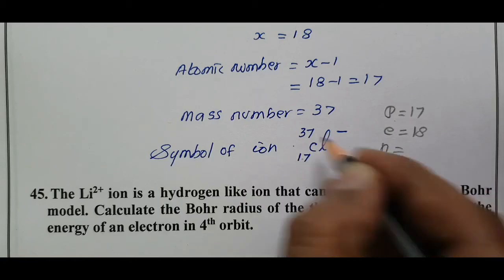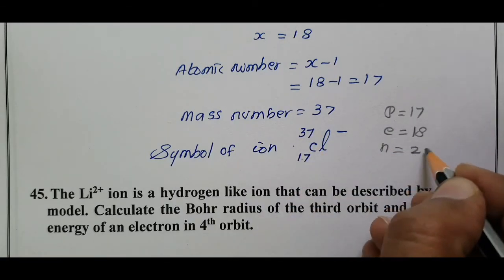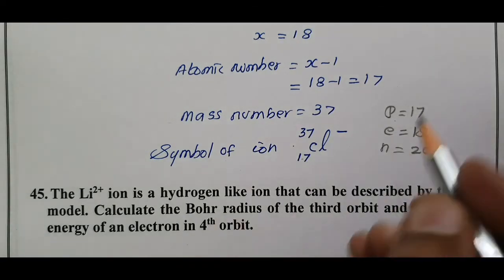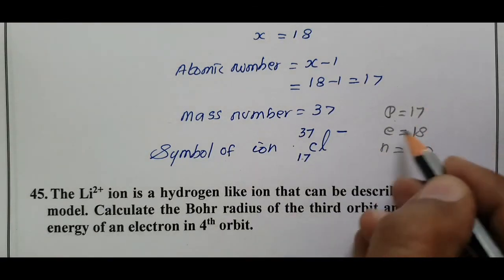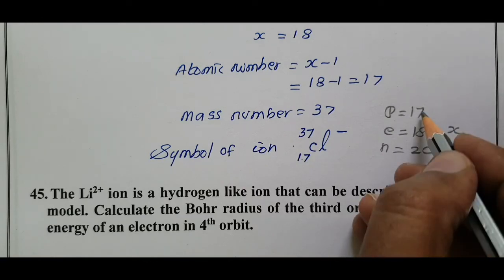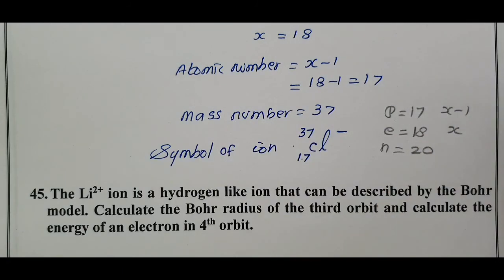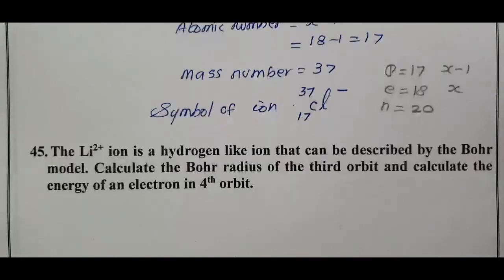Number of neutrons, mass number minus atomic number, equals 20. In our problem, the number of electrons is taken as X, therefore 18 means X, and 17 means X minus 1. That is question number 44.